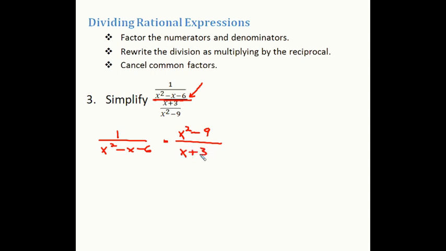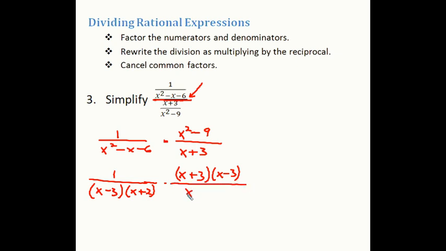Now that we've done that, we're just down to multiplication. We can factor. The denominator here factors to x minus 3 times x plus 2. This numerator, that's a difference of squares, so that's x plus 3 times x minus 3. And then the denominator is still just x plus 3.